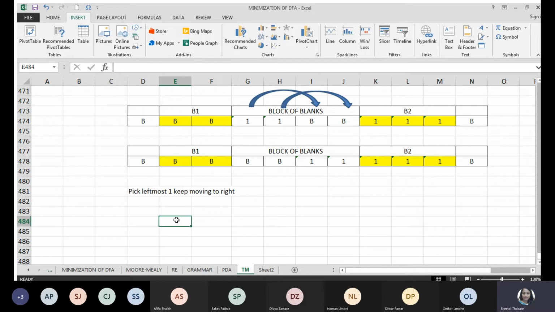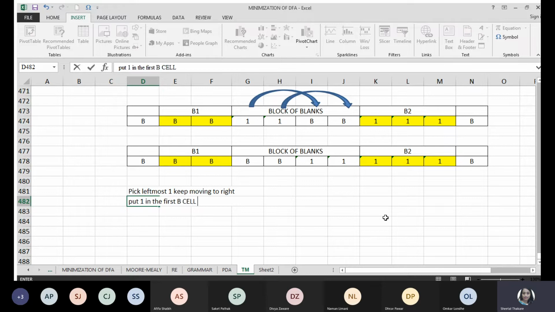So it is represented by B. Pick leftmost one, keep moving to right. Put one in the first blank cell found while moving to right.